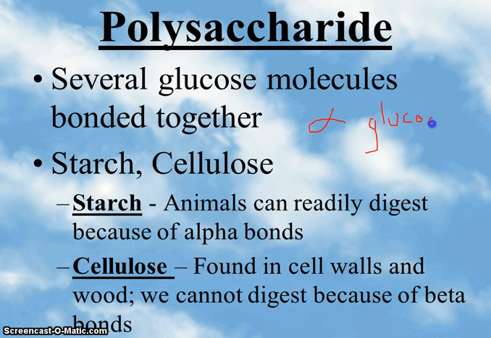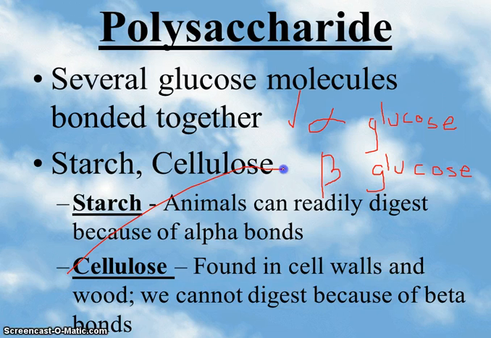I'm sorry, my handwriting is awful because I'm using my finger. Now, the two forms, starch and cellulose, contain either alpha or beta glucose. So starch is made up of repeating alpha glucoses, where cellulose is made up of repeating beta glucoses.